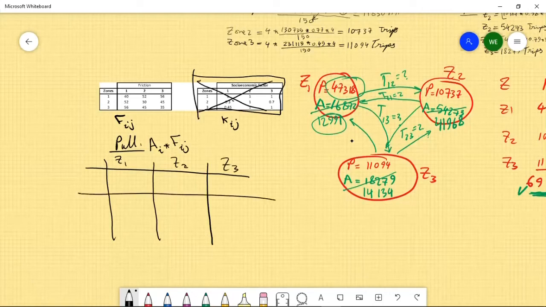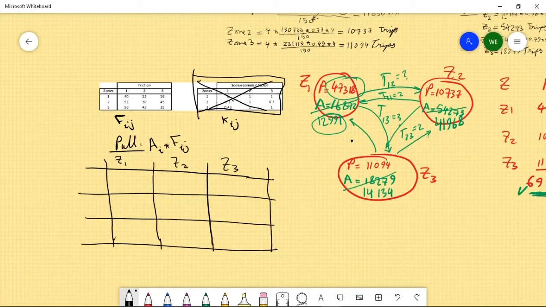And how much attraction each zone is imposing on other zones. So let's write down the attractions that we have. Zone 1 is 1612, that's the adjusted. Zone 2 is 41,968. Zone 3 is 14,134.